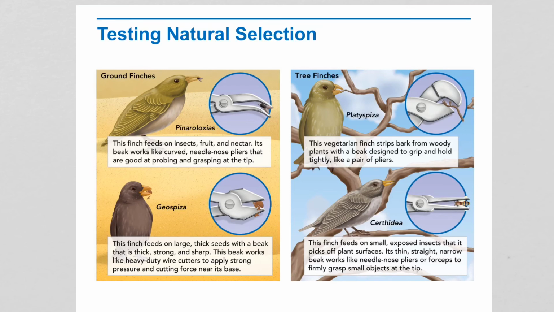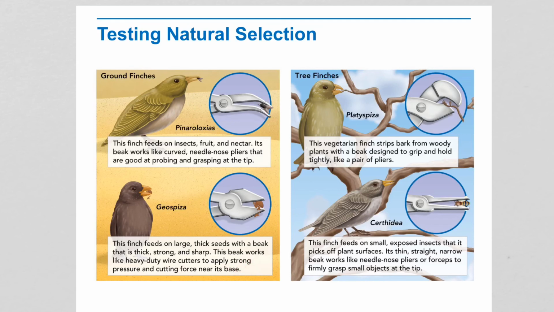You can see that they categorize different types of the birds. We have the ground finches shown here. They have long needle-nose kind of beaks used to get insects, fruit, and nectar. You have this other ground finch that instead has a shorter, thicker beak, used like wire cutters.